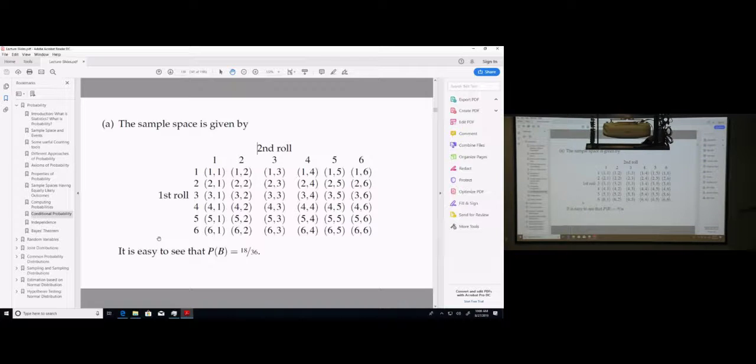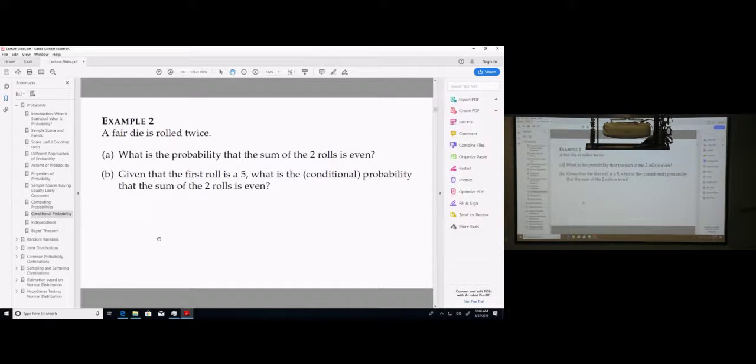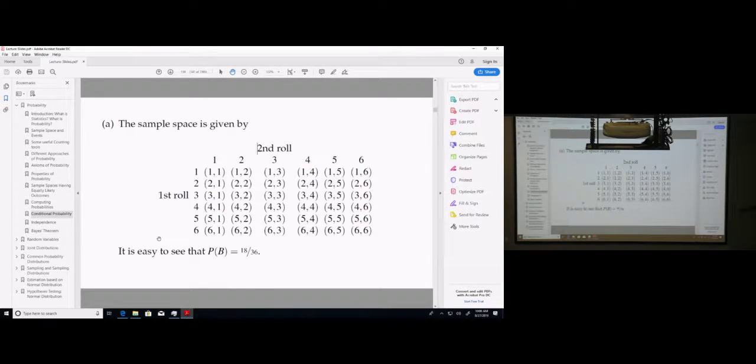We can just calculate the probability of the sum being even. So the sum is even will be this one, and this one. Each row will have 3, so that is why it has 18. And so this is just the table.